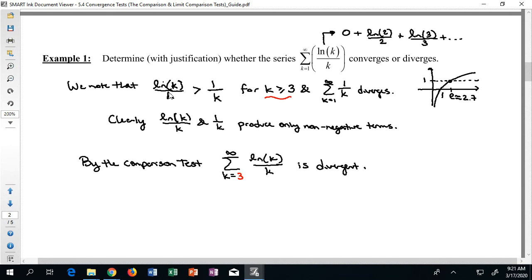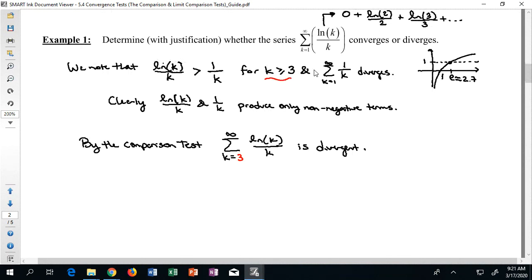Now, I'll notice here that I haven't really answered the question, because the question wasn't, does the series that starts at 3 here converge or diverge? It was, does the series that starts at 1 converge or diverge? But of course, this is pretty easy to see how I can adjust for that. I can see that if I was to do 0 plus the natural log of 2 over 2 plus my series that starts at 3, notice again, I'm just taking those terms that I had up at the start, and I'm just kind of tacking them on.